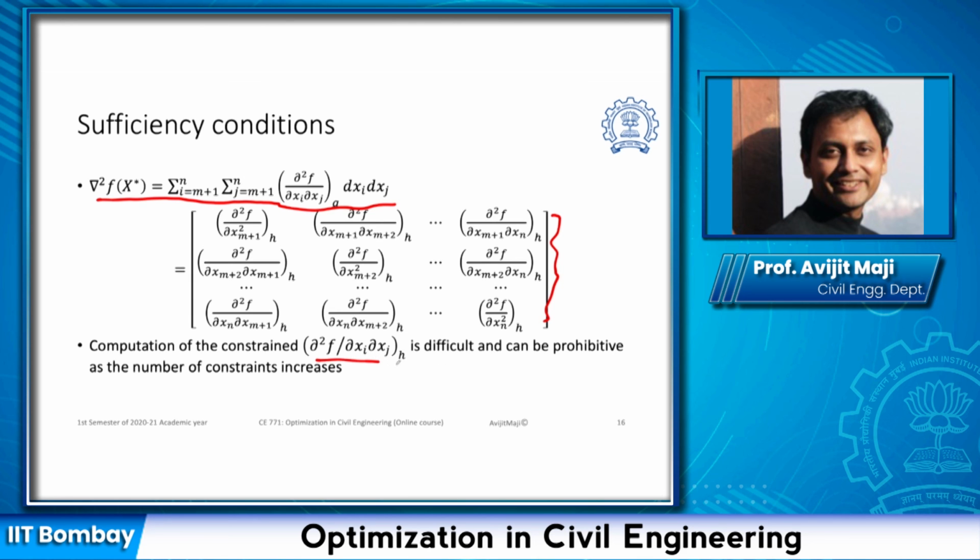This is going to be difficult, particularly if the number of constraints quite increases. However, this particular process is going to lead the path for a much easier process of Lagrange multipliers. We'll discuss about the Lagrange multiplier in the coming class.